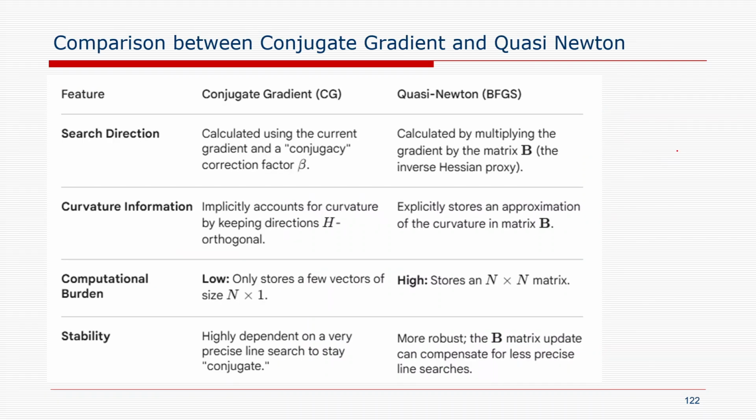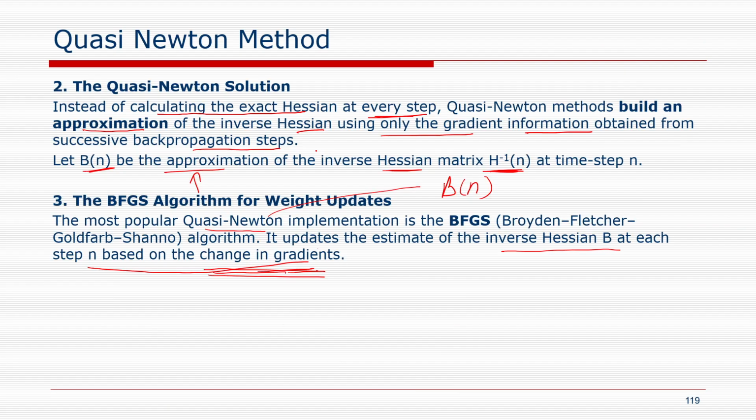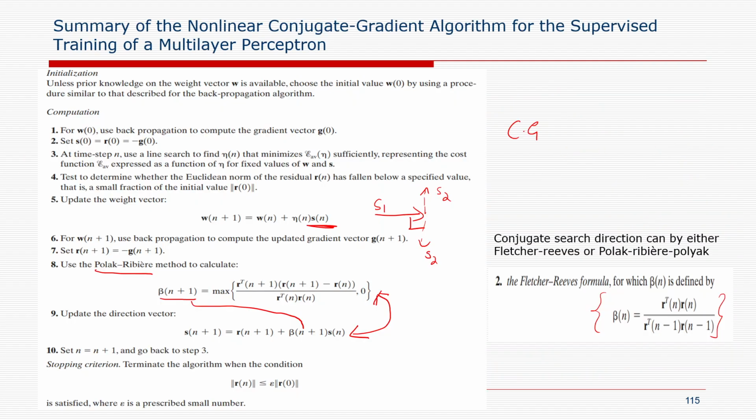Now we'll look at the difference between the conjugate gradient optimization method and the quasi-Newton method. In the conjugate gradient method, the search direction is calculated using the current gradient and the conjugacy, that is, perpendicularity. The correction factor was the beta, because, remember, when I showed this, we used this beta parameter in the search direction update.